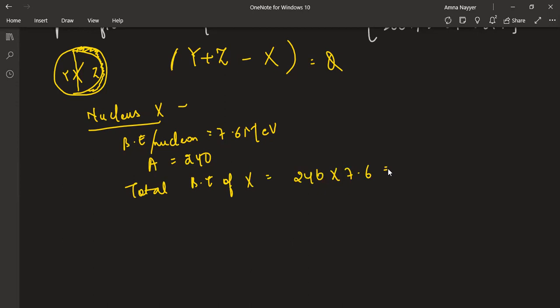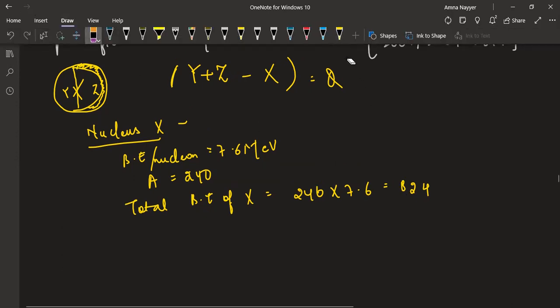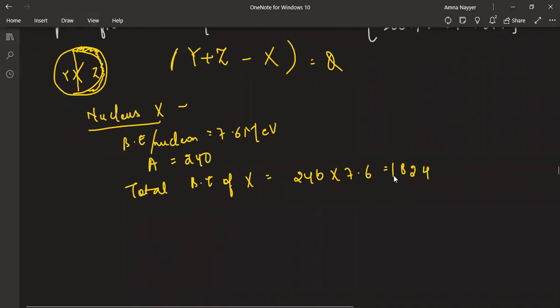So this will be how much? 240 times 7.6, that gives 1824 mega electron volt. This is the binding energy of X. So this is 1824. Then come to nucleus Y.